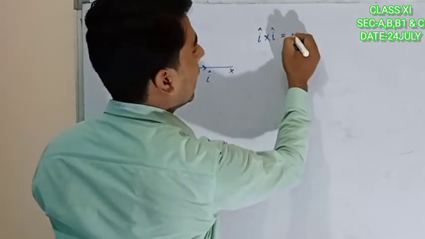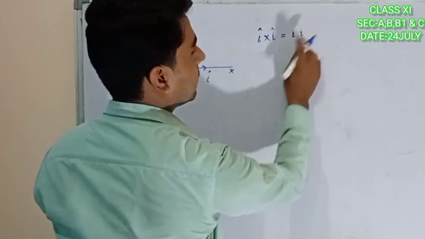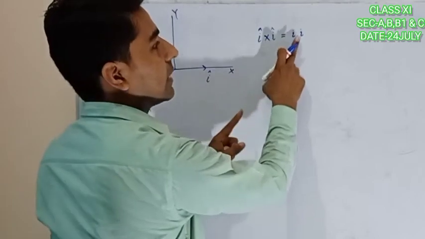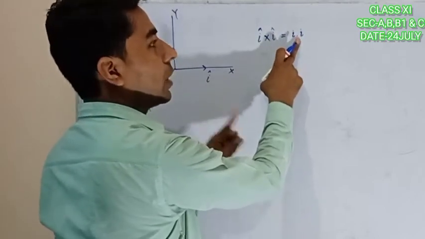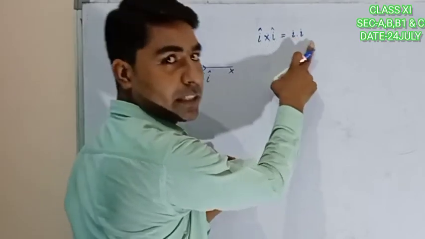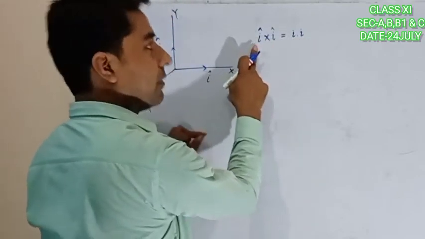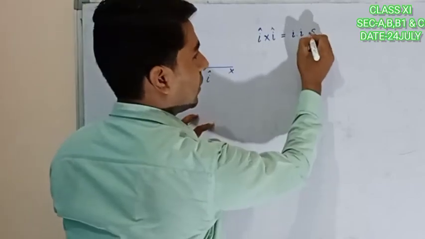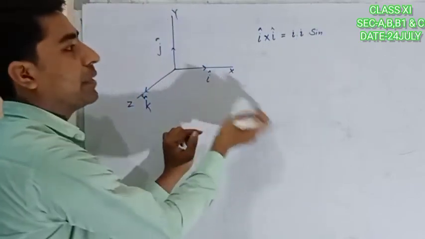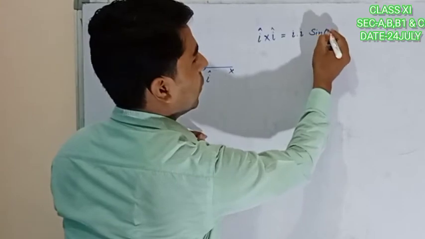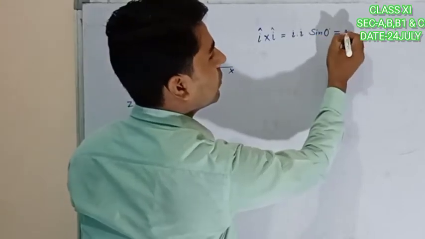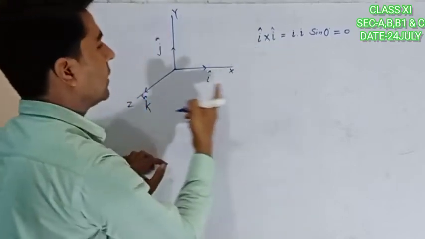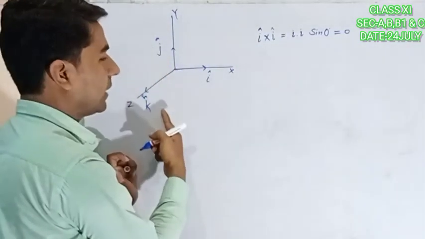So you remember that i dot i, this is vector quantity, this is scalar quantity. So no need to think about anything, whether it is dot or cross. It's just a simple class 10 product and this one is a class 11 product. So i cross i, the cross product gives sine theta. So sine of i with i itself will give 0. So sine 0 value is 0. The same way as i dot i, i cross i, and the same way j cross j and k cross k.